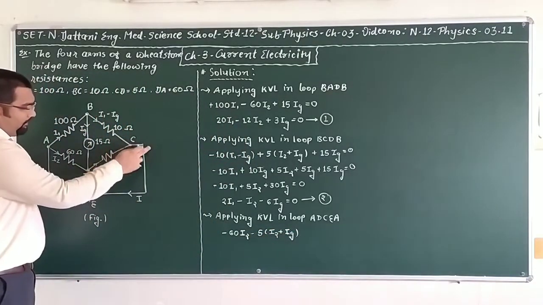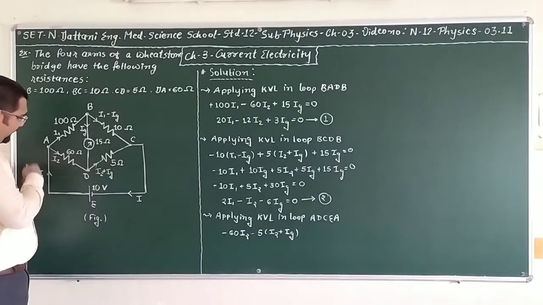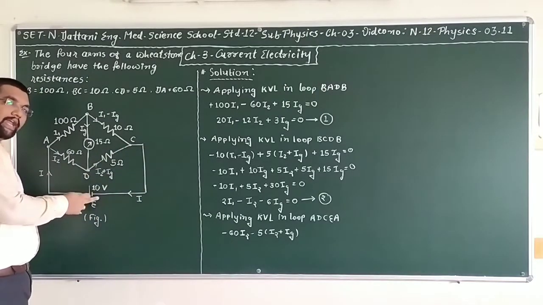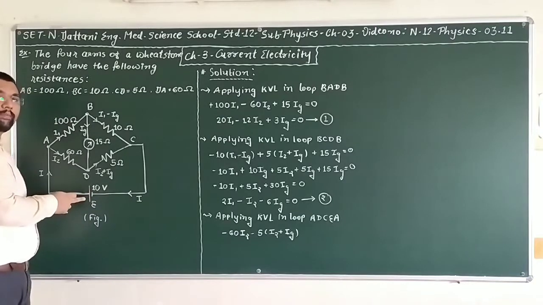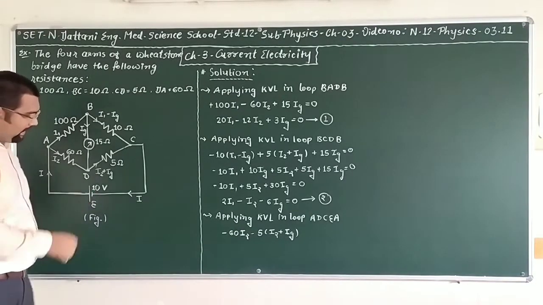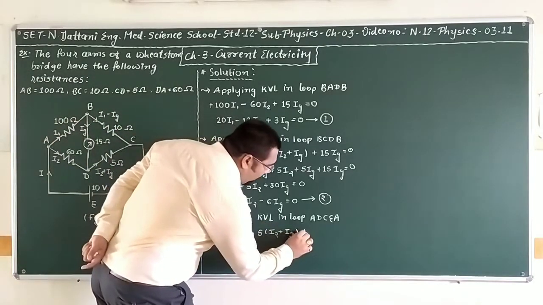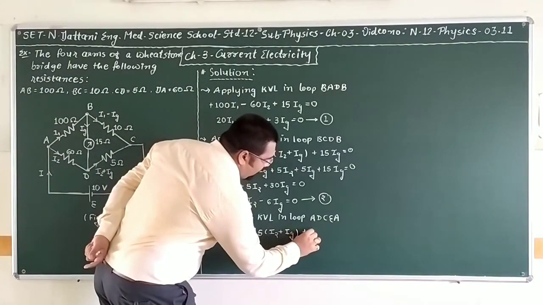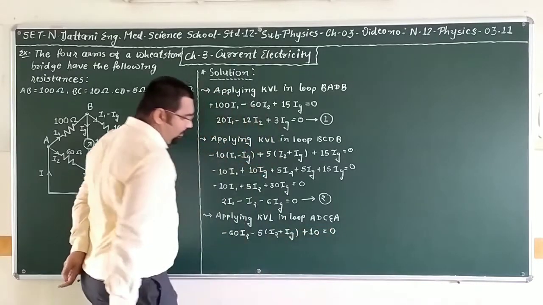And now here from C to epsilon and epsilon to A, we are going from negative terminal to the positive terminal of the battery. So we will take here potential plus 10. So here we can write plus 10 equal to 0.